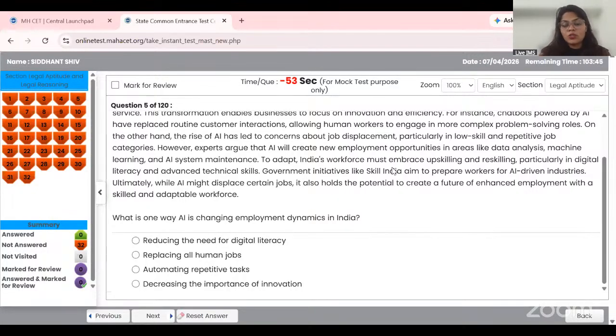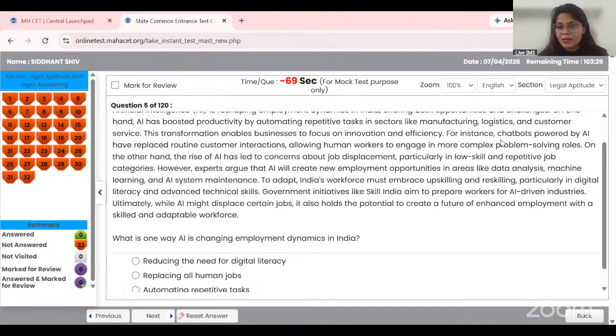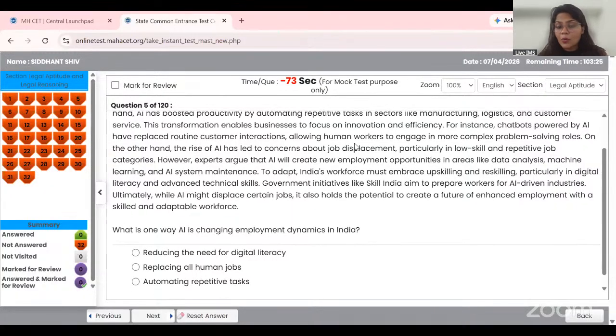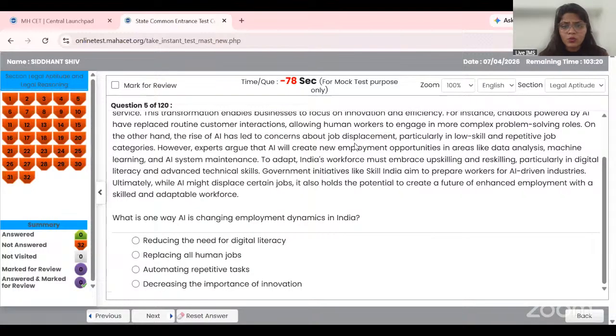One thing I would like to mention here is whenever you are attempting any question on the basis of your passage, of course, the line that you're reading is important. Like for us, the answer would be here that AI is going to create new employment opportunities. At the same time, chatbots powered by AI have replaced routine customer interaction, allowing human workers to engage in more complex problem solving roles, right?